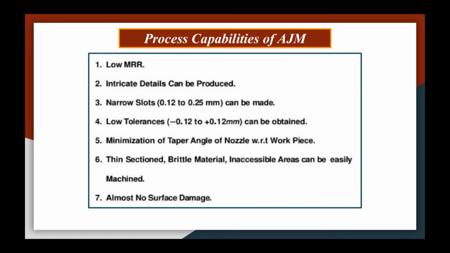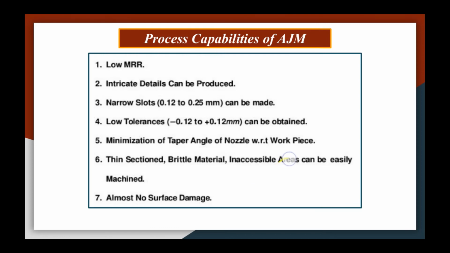Thin sections can be machined using this AJM process. Then brittle materials, this process is very good for brittle materials also. Inaccessible areas can be easily machined using this process.